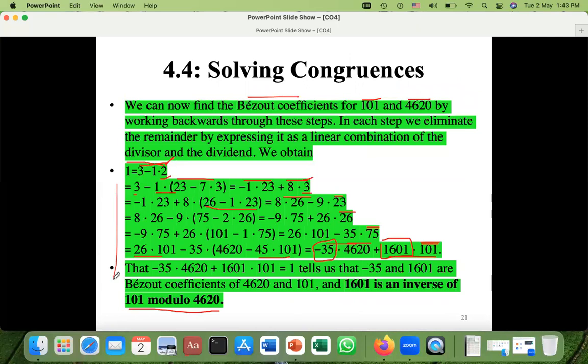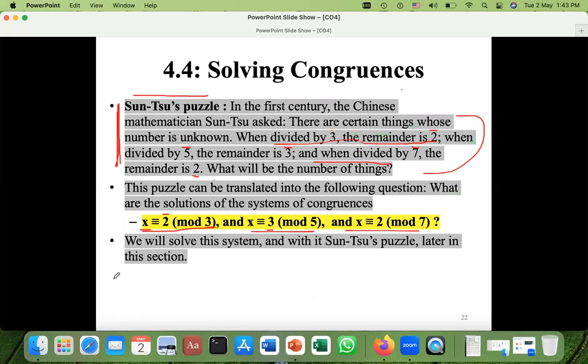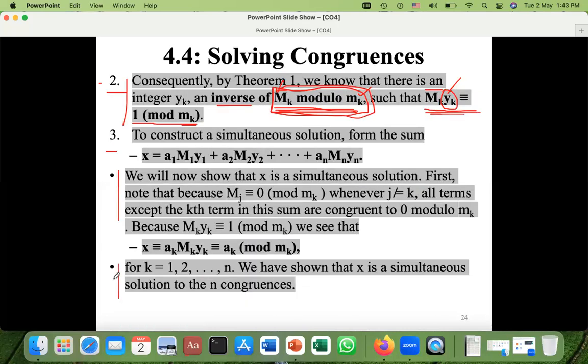But this was an example, and you know that you can find the inverse. Here in the theorem, we are generally just saying that if you have this form, then for these inputs, this yk would be the inverse. So this is the second step that you have to do in this theorem.